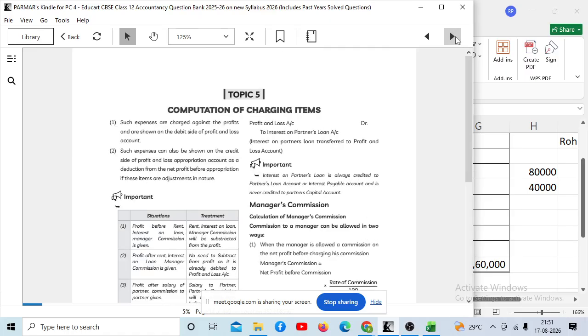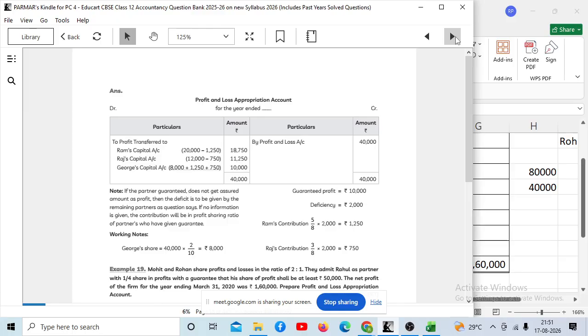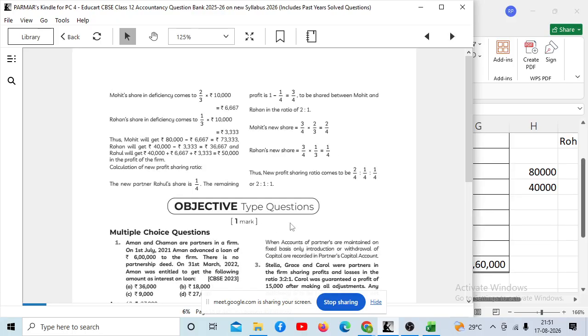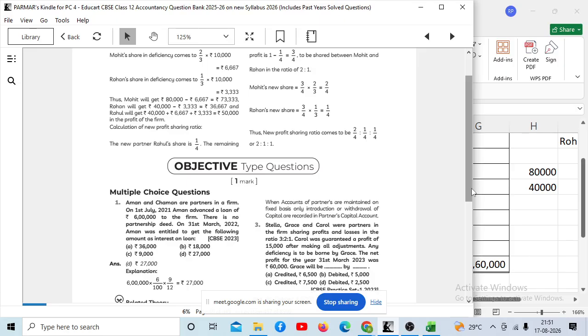Fine. One minute. Topic 5, topic 6, topic 7, question number 19. Now we will start with the objective type questions which come for 1 mark, which are totally conceptual, right? Can you read the first question?